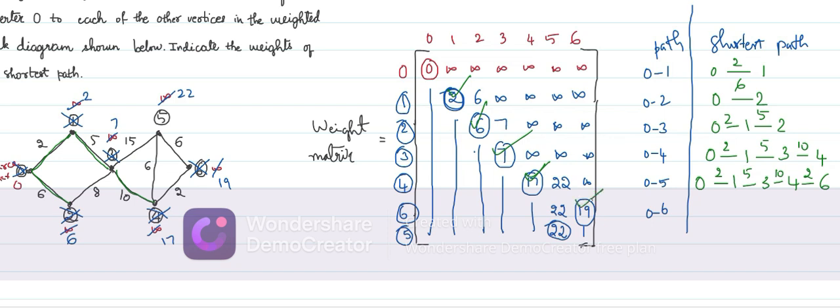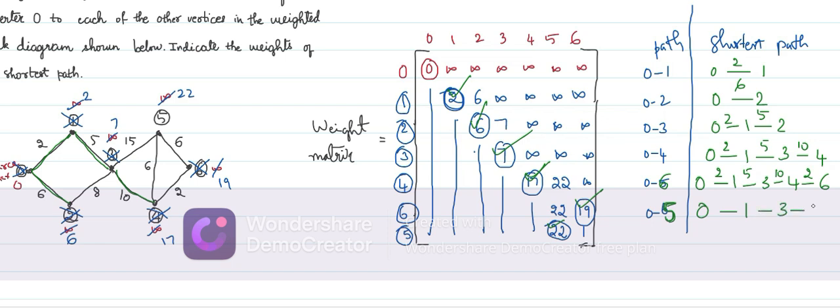And from 0 to 5, we require 22 weightage here. This is 5, right? So we have to go like this, 0 to 1, 1 to 3, and 3 to 5.